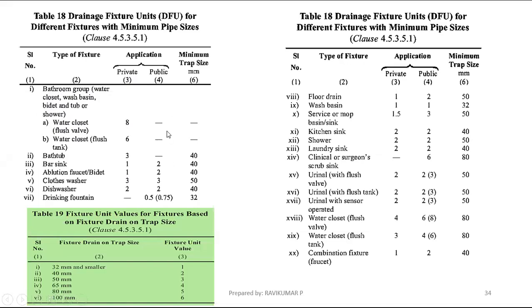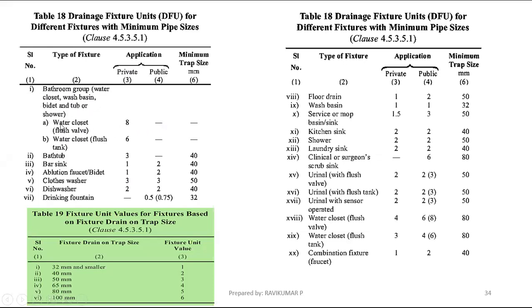Public means railway station, airport, school, college, office, and all public systems. Private means residential only, so for private you have to take 8. This type of bathroom group you will not provide in public. Shower, everything, you will not provide in public, so that's why they have removed the value for this type of bathroom.